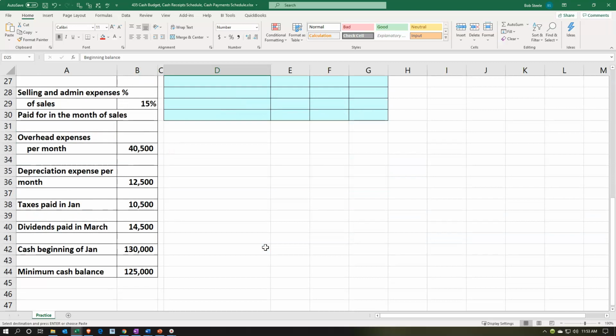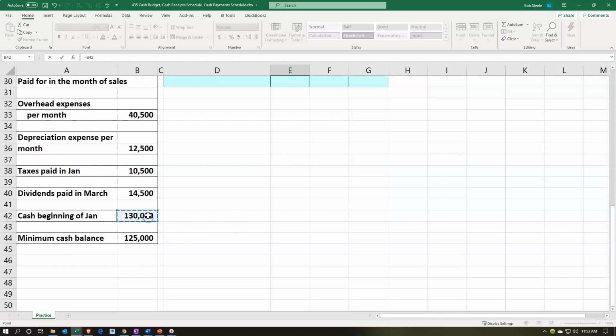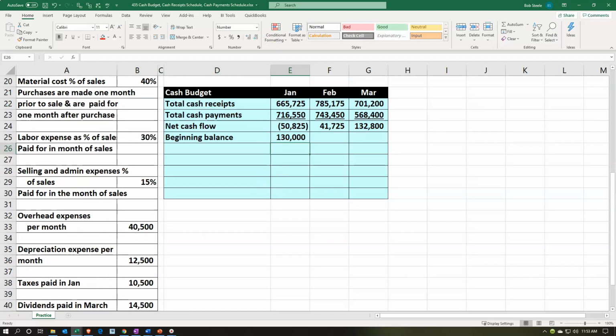They gave us the starting point, which was the beginning balance for January, which would be the ending balance for the prior December. This is going to then be equal to the 130,000. So then we're going to go to our cash before we consider any loan balance, and I'm going to sum these two up and see if we're above what we want to be, the minimum cash, which is the 125,000, which we will not be.